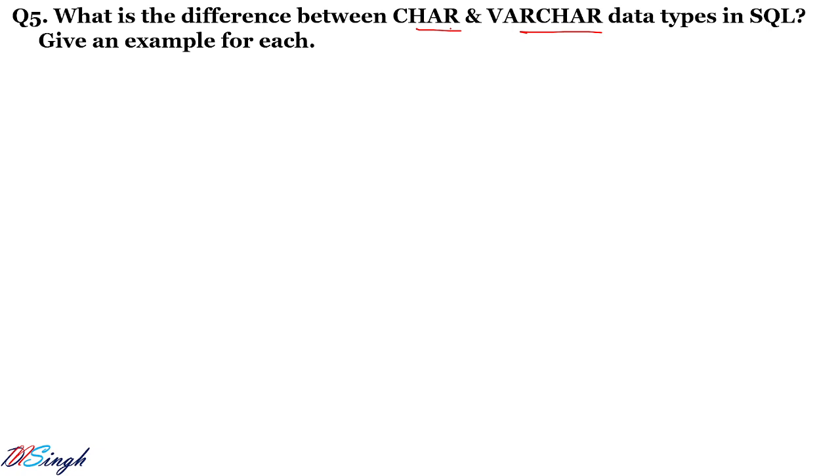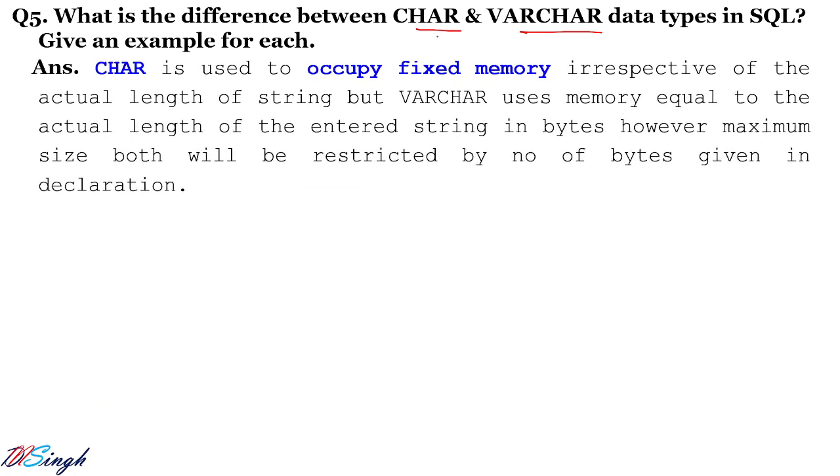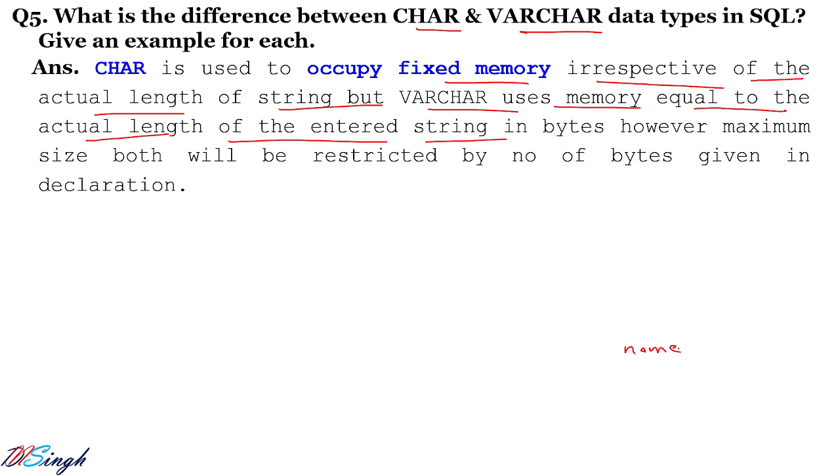Char is a fixed size character. Let us see the definition. Char is used to occupy fixed memory irrespective of the actual length of the string, but varchar uses memory equal to the actual length of the entered string. So if you have a name column in your table, and it is defined as char 50, what will happen if I insert the name Sam?